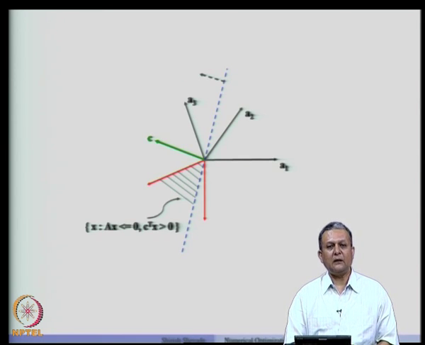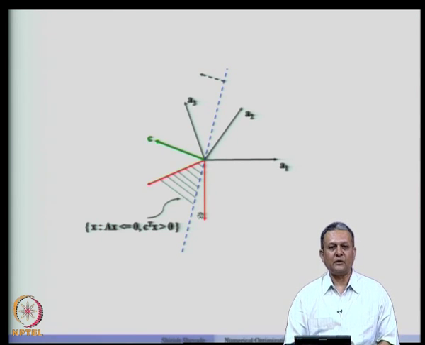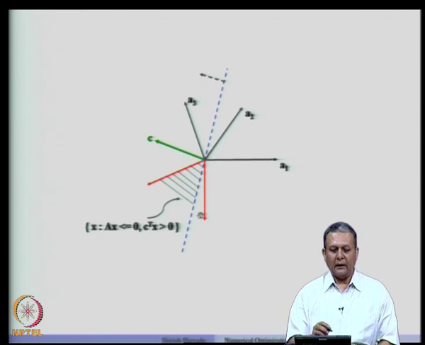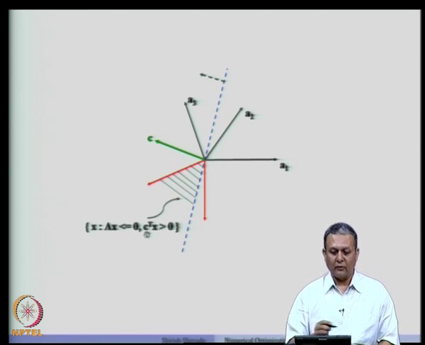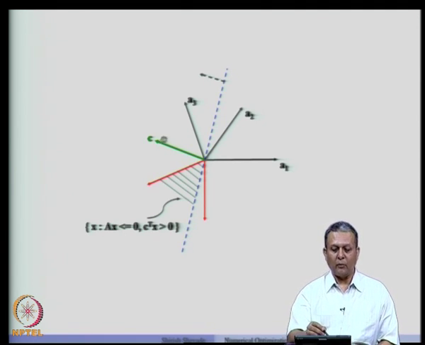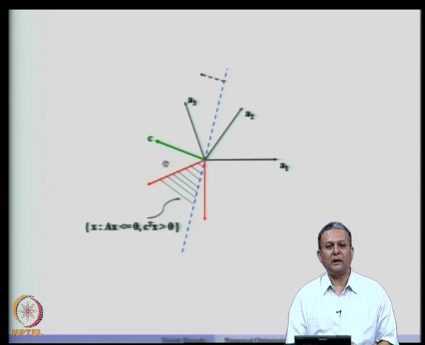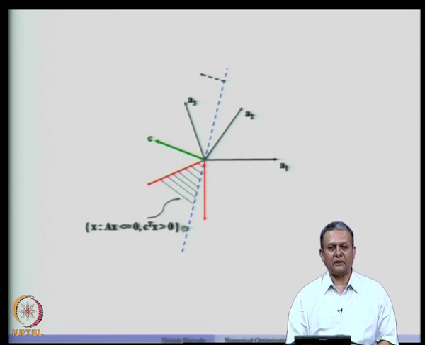So, we intersect the previously seen cone, which was contained in the two red colored arms, with the set where C transpose x is greater than 0. Remember that now we are talking about the open half space, not the closed half space, formed by the hyperplane C transpose x equal to 0. So, if you intersect them, it gives us this intersection which is shown here.